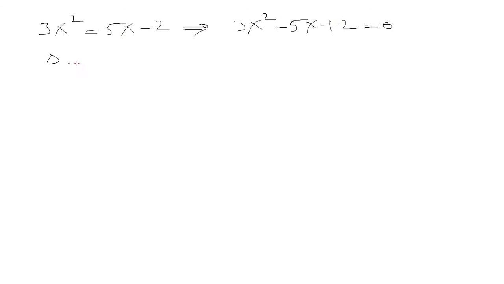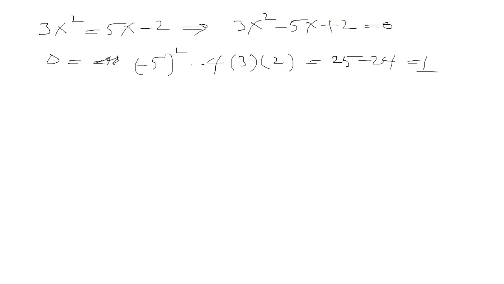Let's check what delta is. Delta is minus 5 to the power of 2 minus 4ac. That gives me 25 minus 24, which is 1. So 1 is a perfect square, so I can use factoring in order to solve this problem.